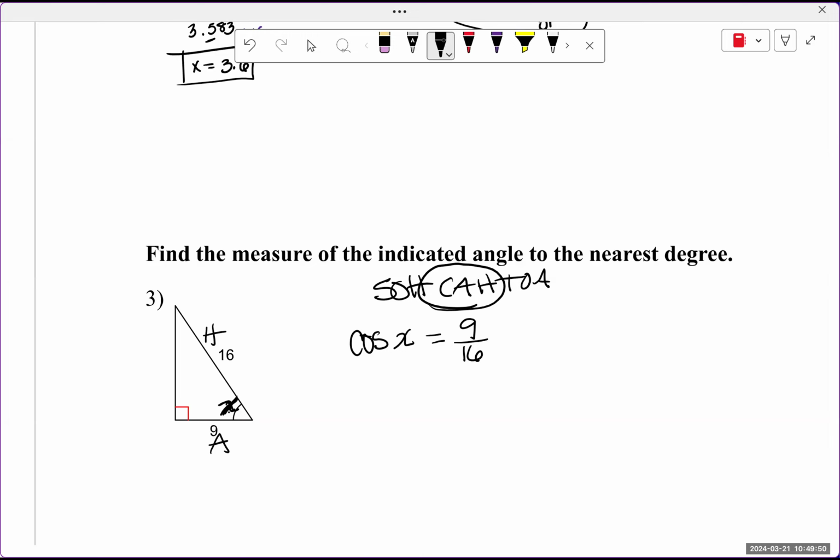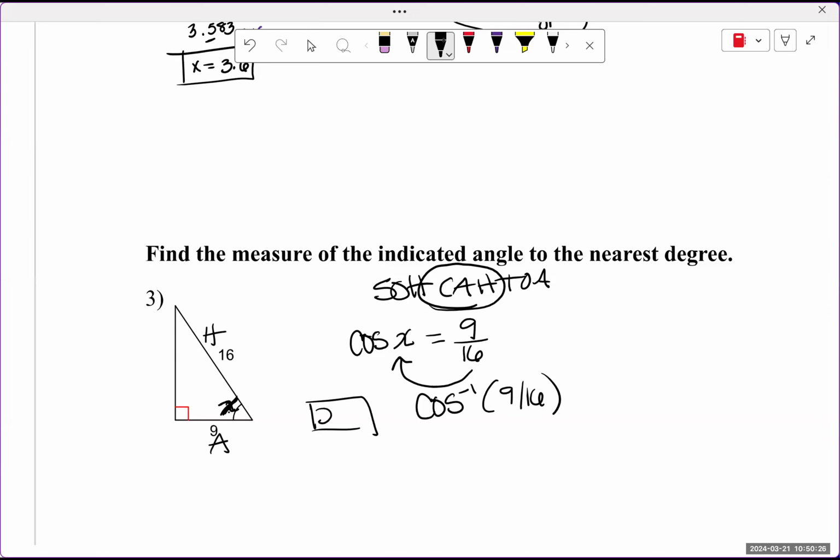Okay. So cosine of an angle is 9/16. So now to work backwards, we need to do the inverse of cosine. When the X is the angle, I need to work backwards to find the angle. All right. So with your calculators, let's practice.